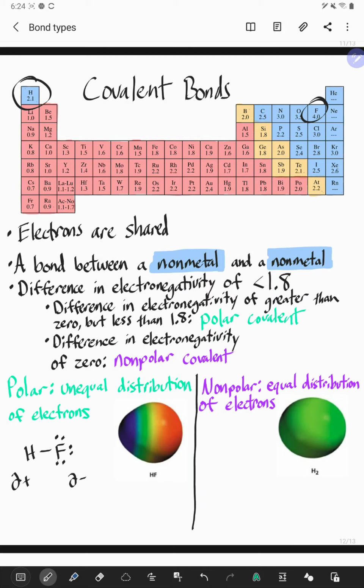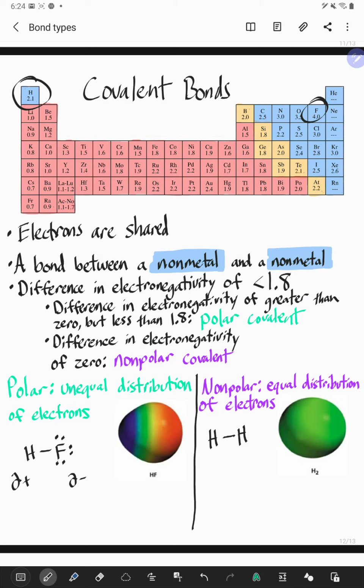Or any nonmetal bonded to itself is going to be a nonpolar covalent bond. Let me specify. So here we have H2. Hydrogen has 1 electron. There's another hydrogen with 1 electron. We'll talk about in next videos that you just connect the dots. And we've got H2, so hydrogen bonded to hydrogen.